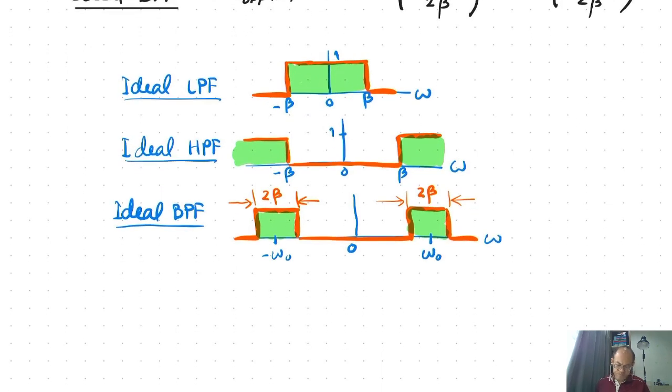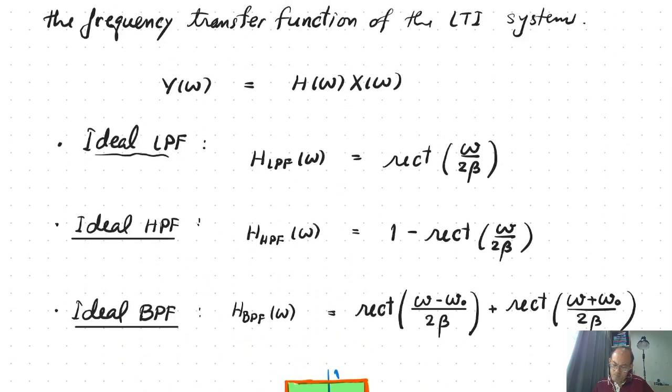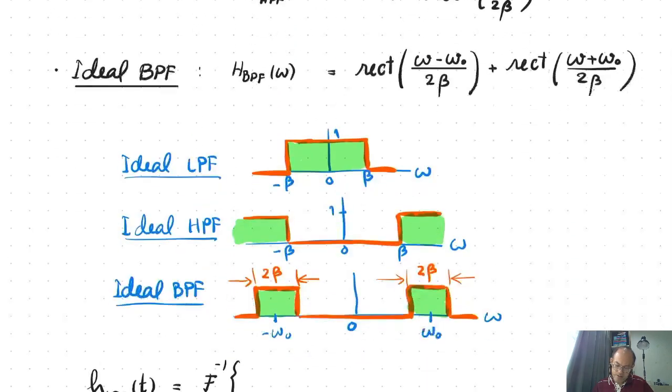Now, the impulse response of an ideal low pass filter can be determined by taking the inverse Fourier transform of this signal, right?